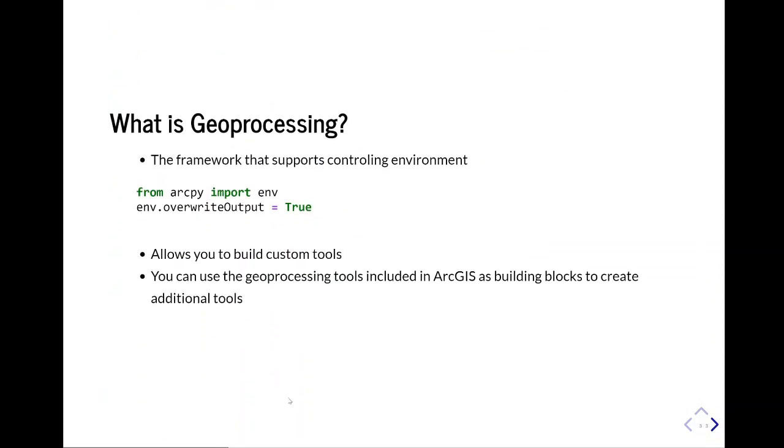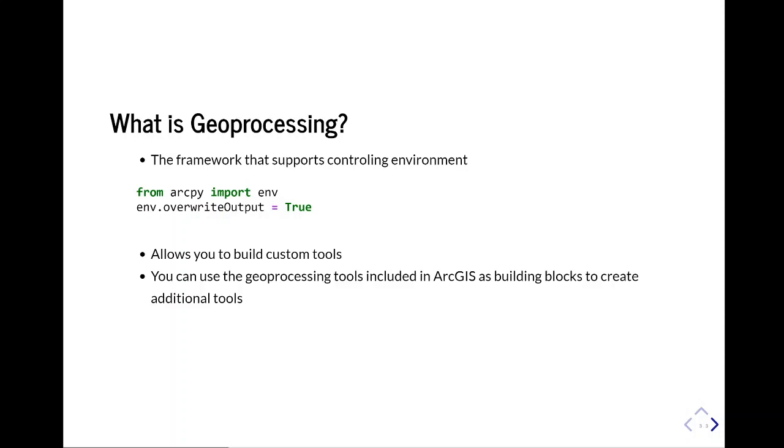So like we said before, geoprocessing is a framework that allows us to work on geoprocessing data, but there's a whole bunch of factors that help us work with that data. And within the framework, there's this thing called environmental variables, and this is controlled under the env submodule.